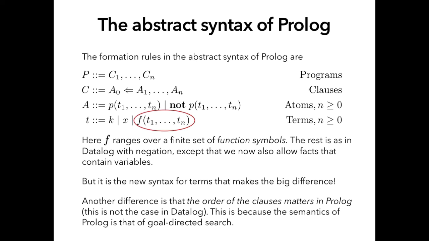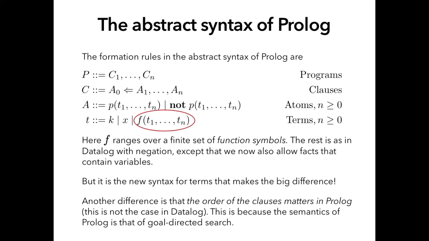Terms can be constants or variables, just as in Datalog. But in Prolog, we also allow function symbols. And f ranges over a finite set of function symbols. And that's interesting. One more difference between Prolog and Datalog is that facts, and remember, facts are clauses with no body, can contain variables.